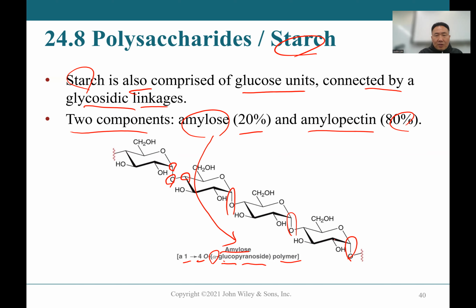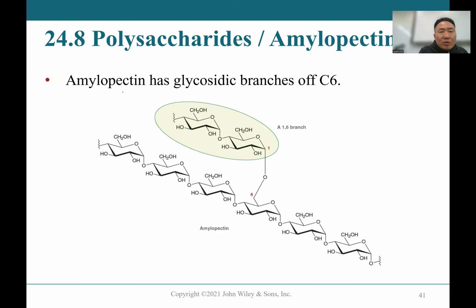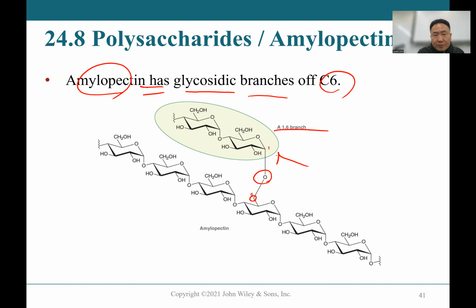That's amylose. And when you look at amylopectin, it has branches at C6. At C6, you can see a 1,6 branch. That's amylopectin.